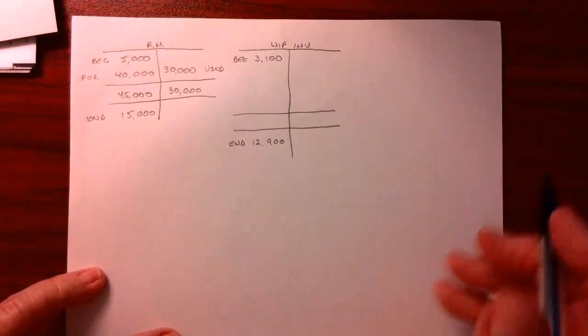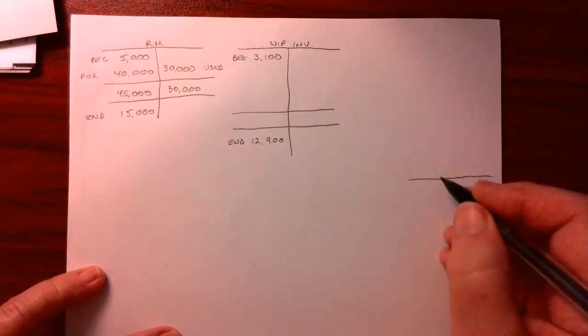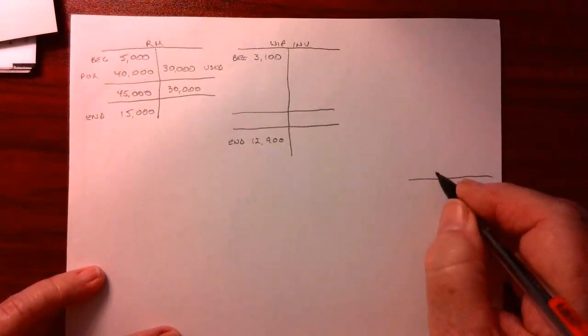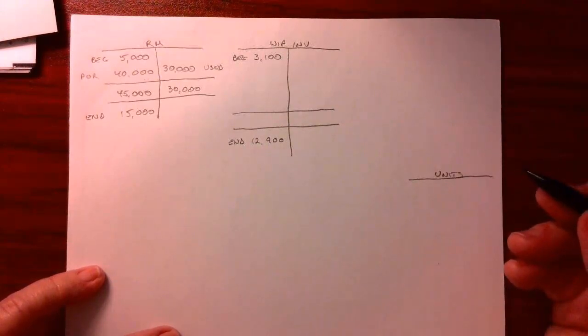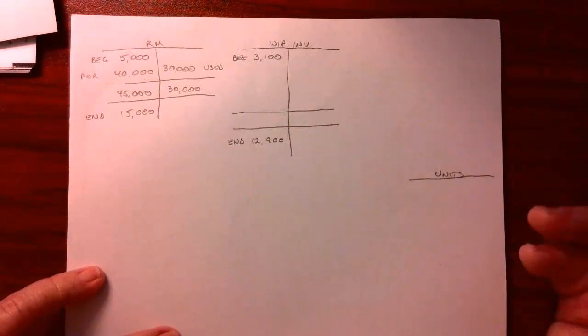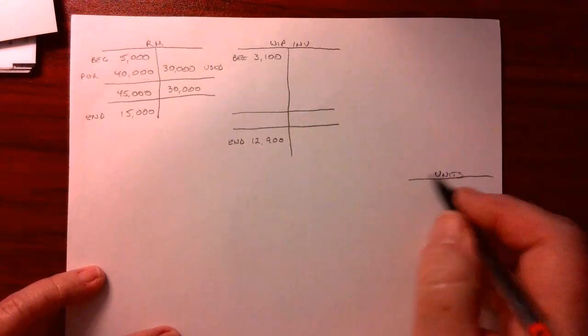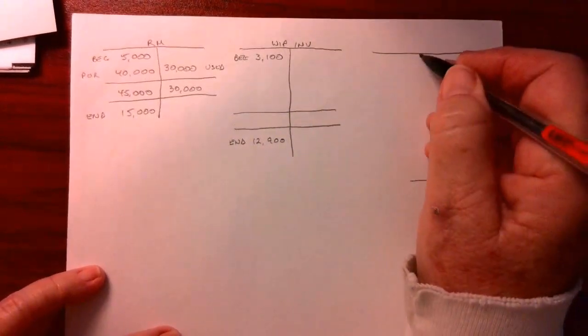You think, well, thanks a lot for that. So let's put a little T account over here for units. Let's hold on to the 10,000 for a while. Finished goods: the beginning balance is 0. That would be our next T account. Three T's, right?